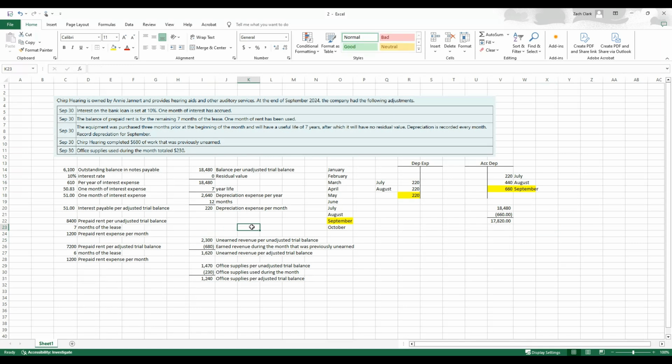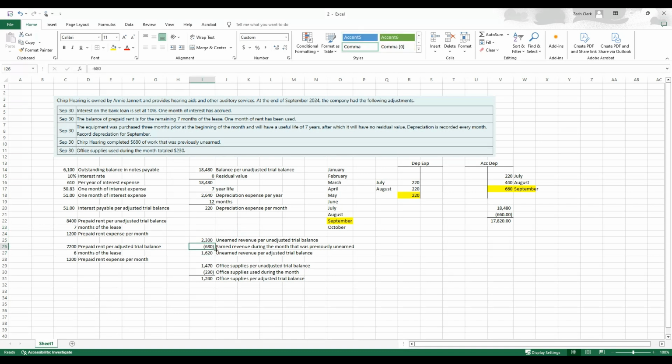Just remember, thinking back a couple steps, at some point a customer paid us a deposit or prepayment of $2,300, and we got the cash, but it was unearned at that point because we hadn't done the work that would earn us that money. But in this instance, it tells us right here that we did $680 of work during this month. So we have earned that portion of the original $2,300.